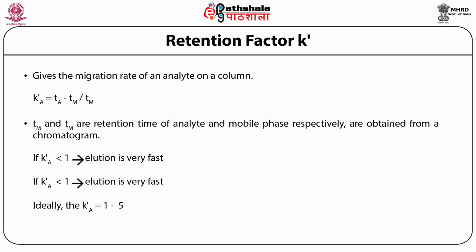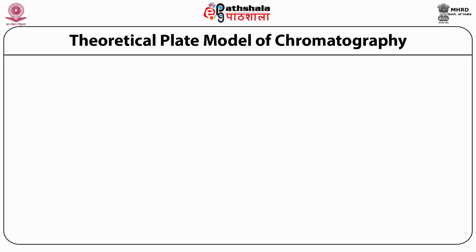Thus, the ideal value of the retention factor for an analyte is between 1 and 5. In order to understand the process of equilibration of components inside the chromatography column, it is supposed to be comprised of a large number of separate layers called theoretical plates.